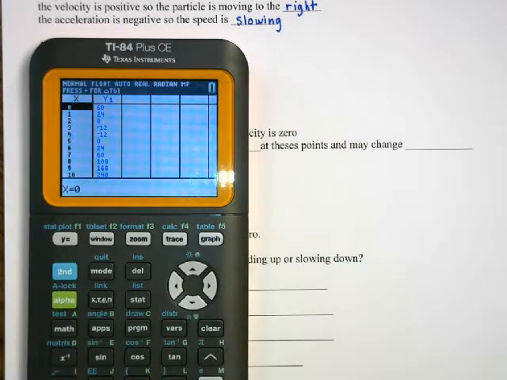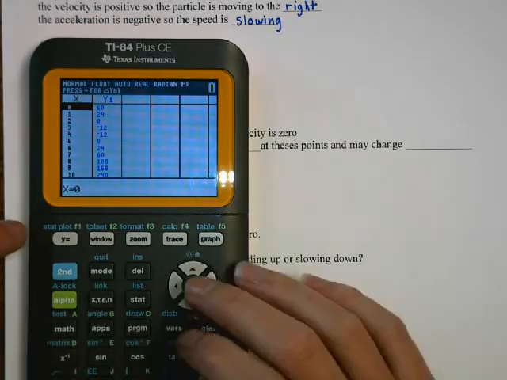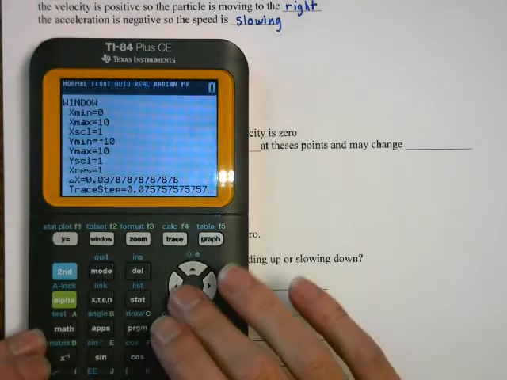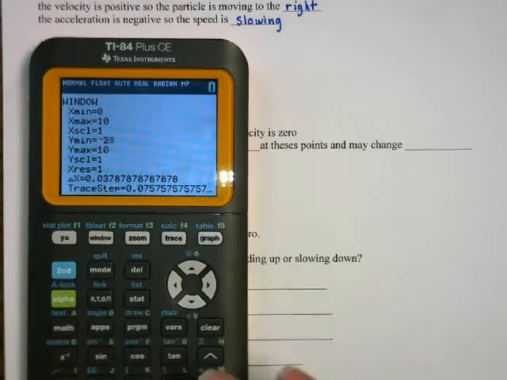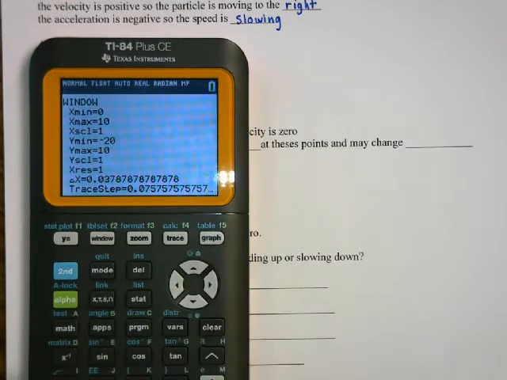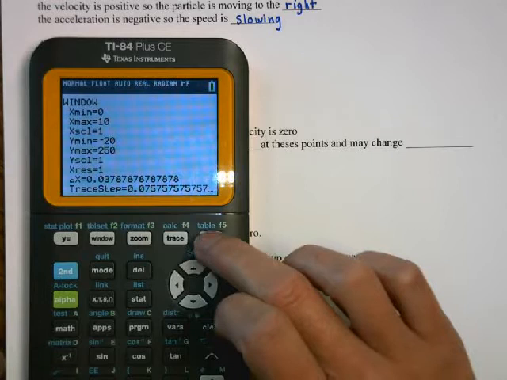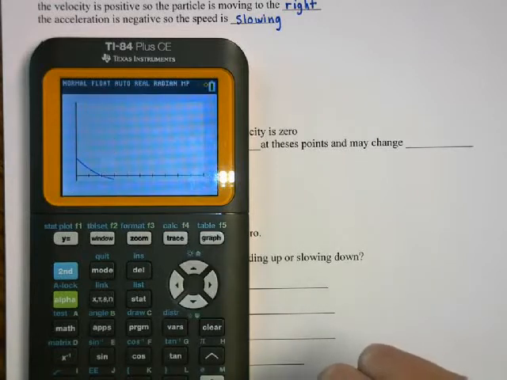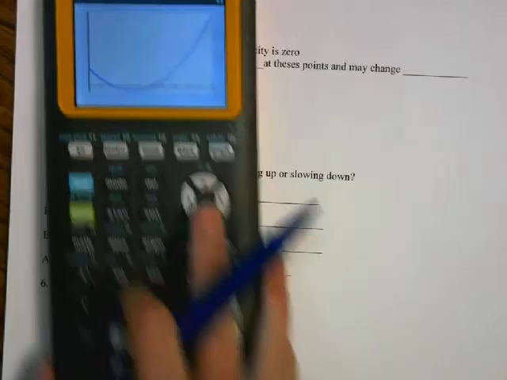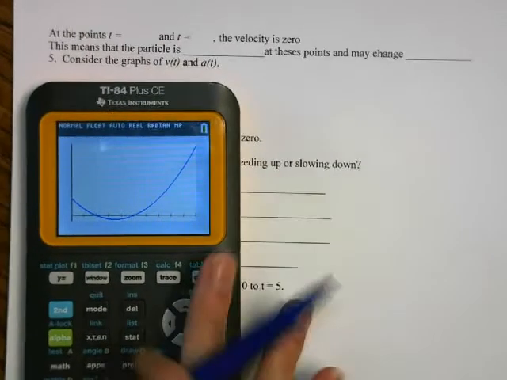So for my window, I'm going to go from, let's say, negative 20 up to 250. Okay, so this is the velocity, and we're going to use this to answer some questions.